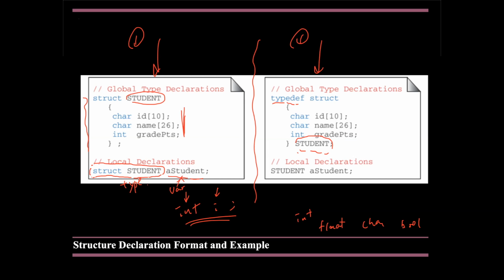Once you typedef this, you can treat it just like any other data type, and create a variable instance of this student at runtime. These are the two ways of writing it. I prefer the second one a lot more because it keeps the code simple. Just by looking at this, I can immediately see that this student variable is of type student. However, you can also go with a more verbose way of expressing essentially the same thing by using a different format.